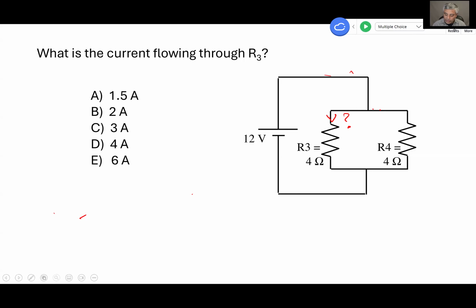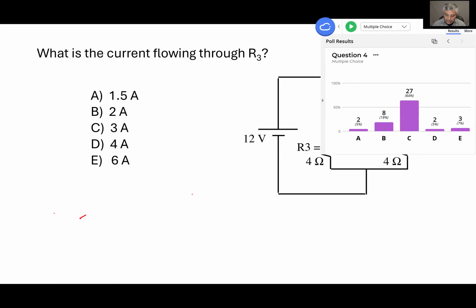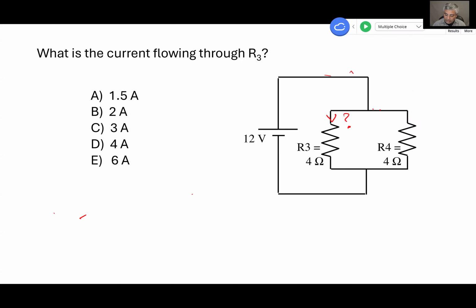Okay, let's see what we got here. So mostly C. Is that so? It is in parallel, so that means there is 12 volt here. Now we know the voltage and resistance right there, so the current over there is going to be voltage divided by resistance. So yes, in this case, when they are in parallel, we can use this.